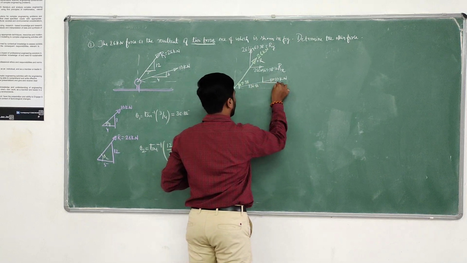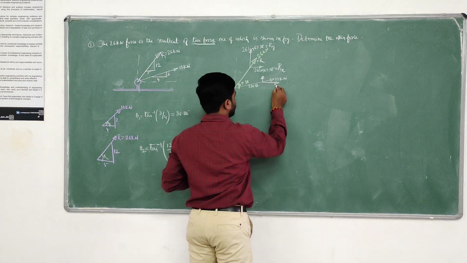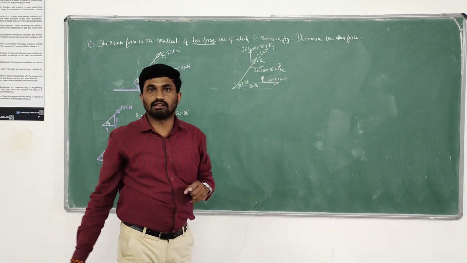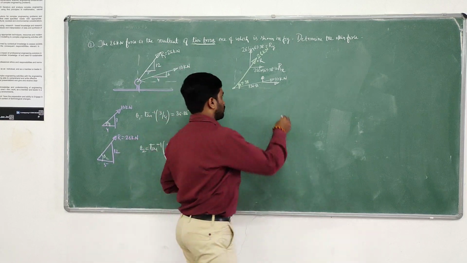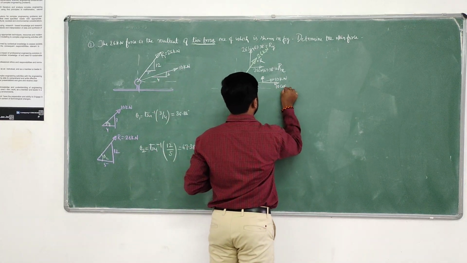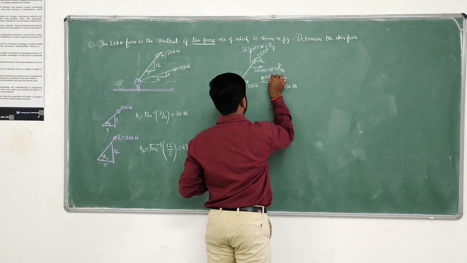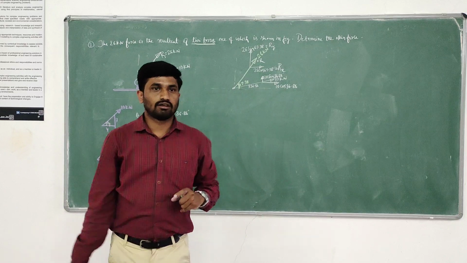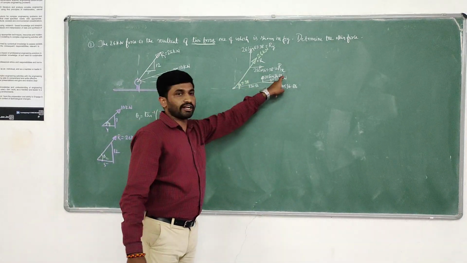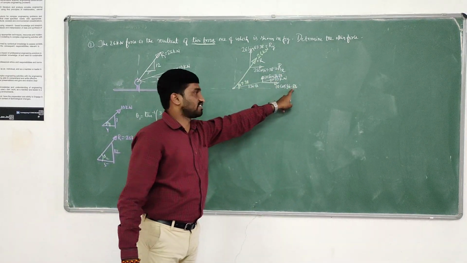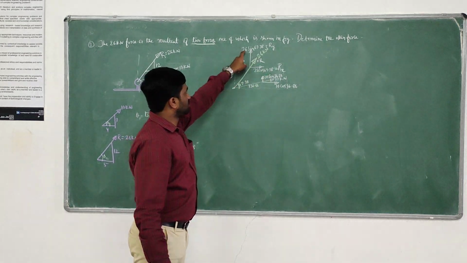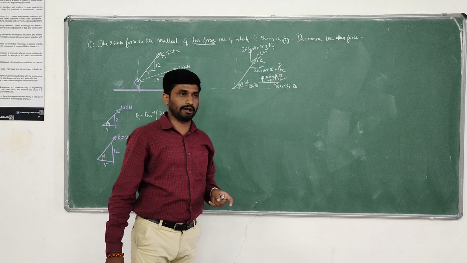If you resolve this, once again this is away and the angle with respect to horizontal is given. Therefore, it will become 10 cos 36.86, and vertical will become 10 sin 36.86. And this is 26 cos 67.38, 26 sin 67.38.